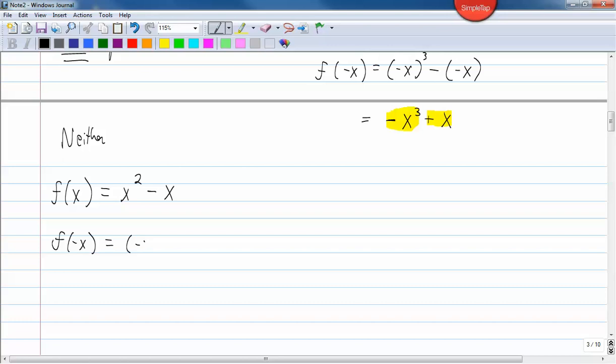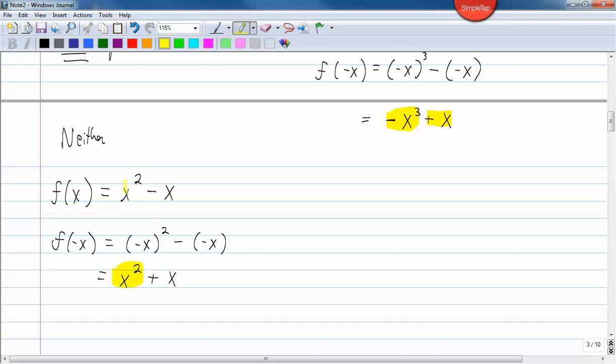So that means plug in a negative x for every x. Alright, so negative x squared is negative x times negative x. That's x squared. And then I have minus negative x. That's going to be what? Plus x.